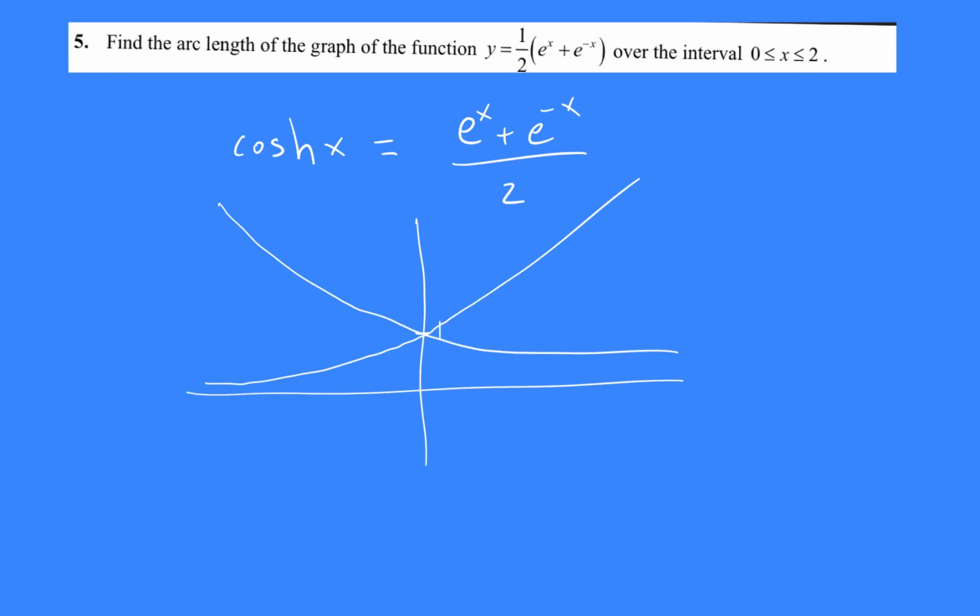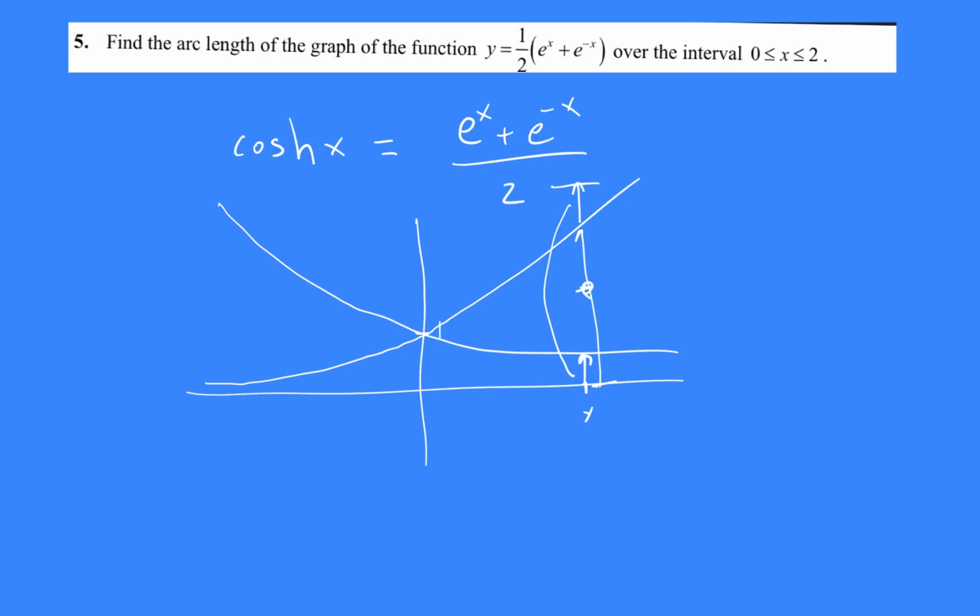And cosine hyperbolic of x at the point x takes the height of e to the minus x and the height of e to the x, sums them and divides by 2. So the sum will be something like this plus this, divided by 2, so it will be around here.